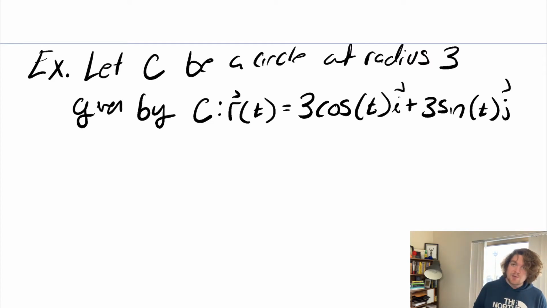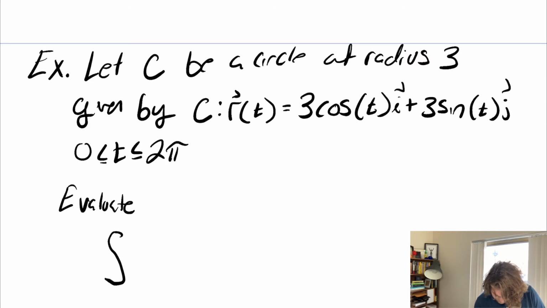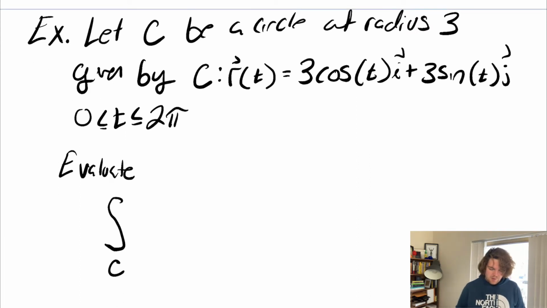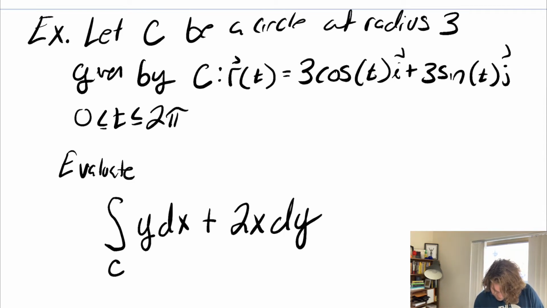And here we'll look at values of t between 0 and 2 pi. Now, we'll evaluate the line integral. Let's evaluate y dx plus 2x dy.